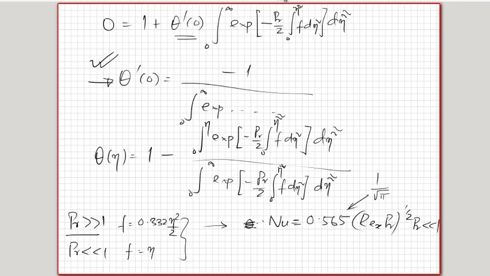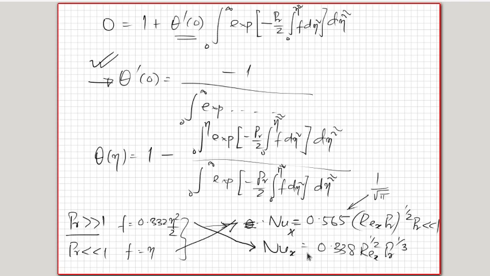Okay, I have written the expression in the opposite place. It is for this one, and for this expression you will get Nux is equal to 0.338 into Rex to the power of half and Prandtl to the power of 1 by 3.